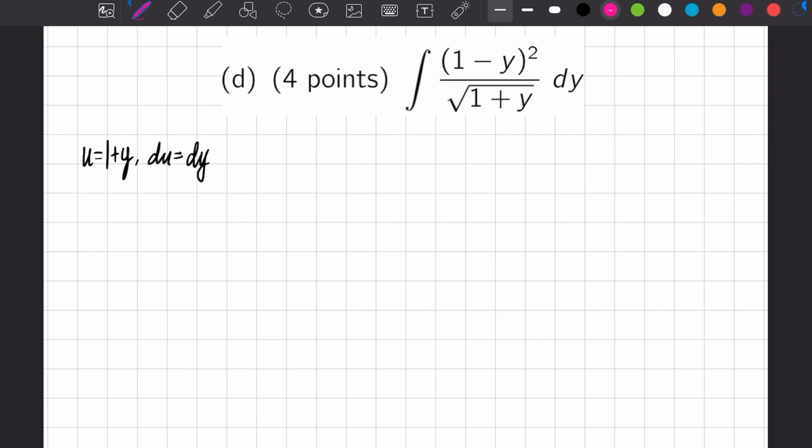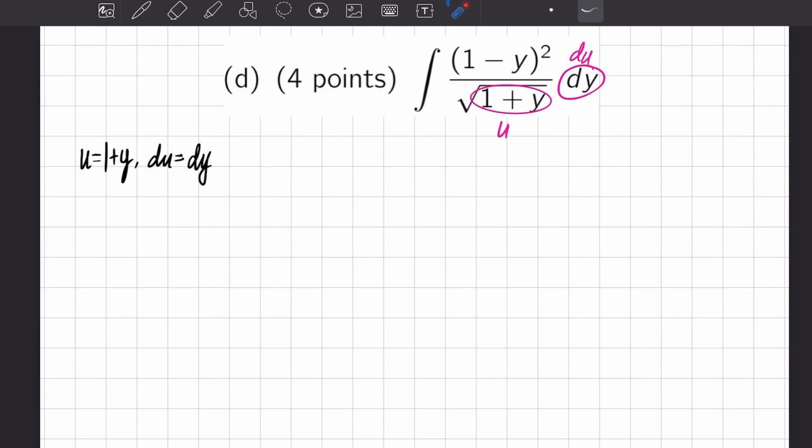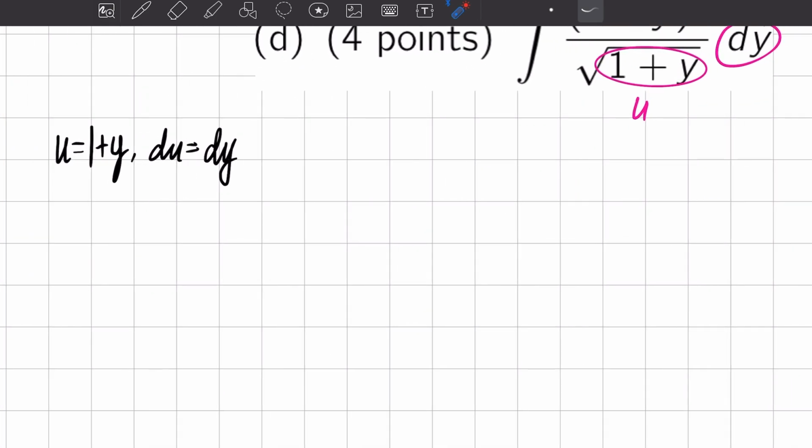So the one inside, the 1 plus y, becomes u. This dy right here becomes du. Our problem right now is that we have a 1 minus y right here. But luckily, it is just easy to rewrite 1 minus y in terms of u. So looking at this one right here, we have u equals 1 plus y.